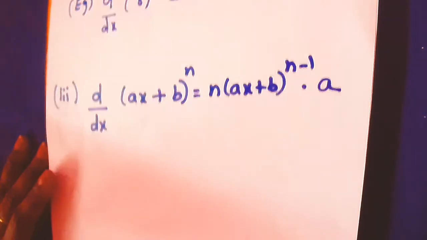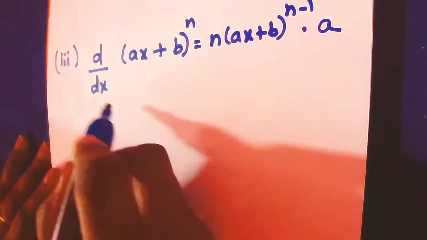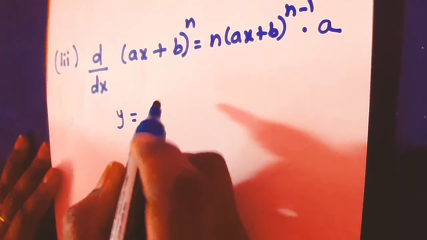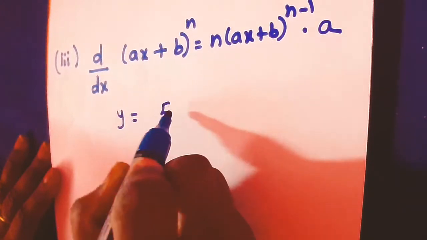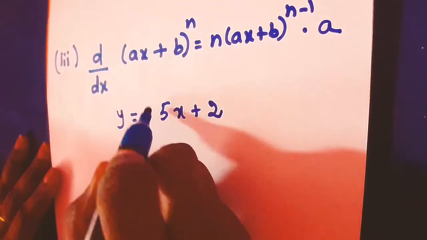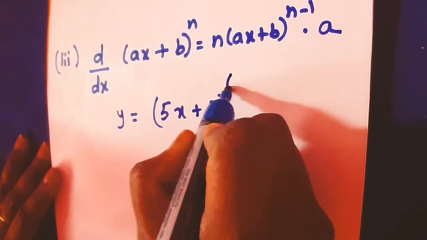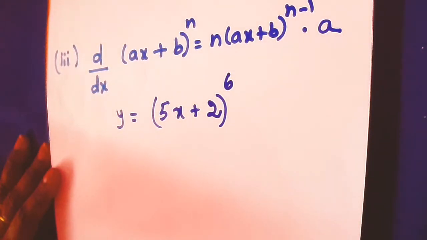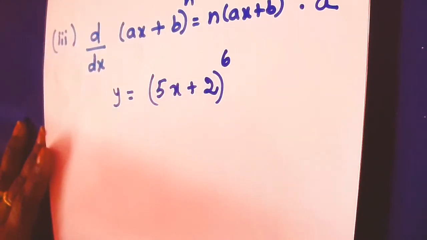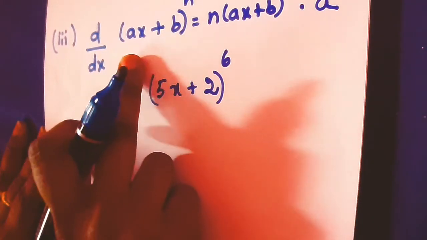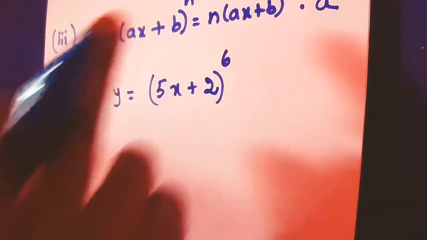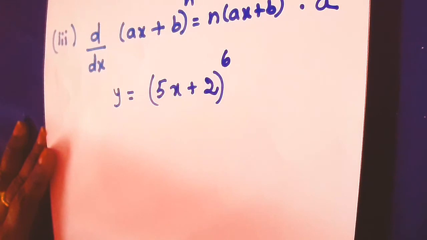For example, y is equal to, we assume, (5x plus 2) the whole raised to the power 6. Understand what form it is. It is of the form (ax plus b) the whole raised to the power n.